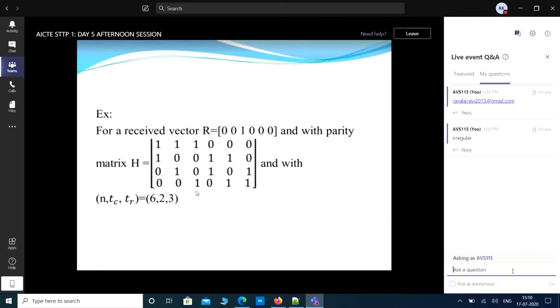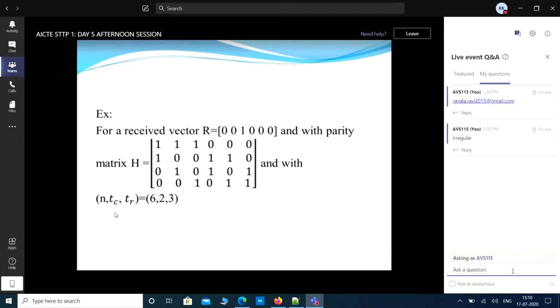This is a regular LDPC code because each row has the same weight and each column has the same weight, but the column weight is not equal to the row weight. I already told you the difference between regular and irregular LDPC codes.